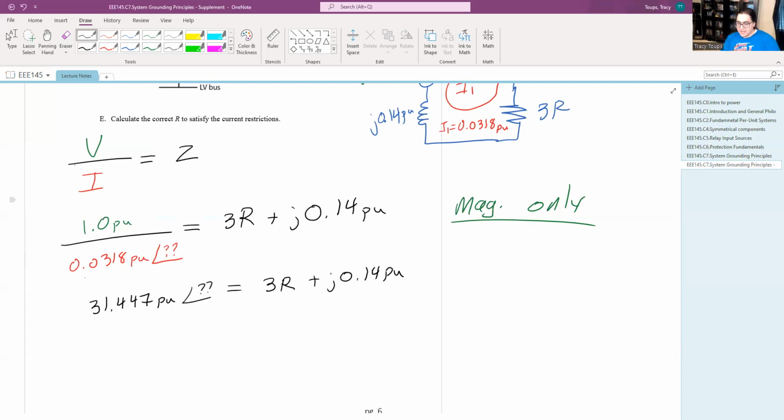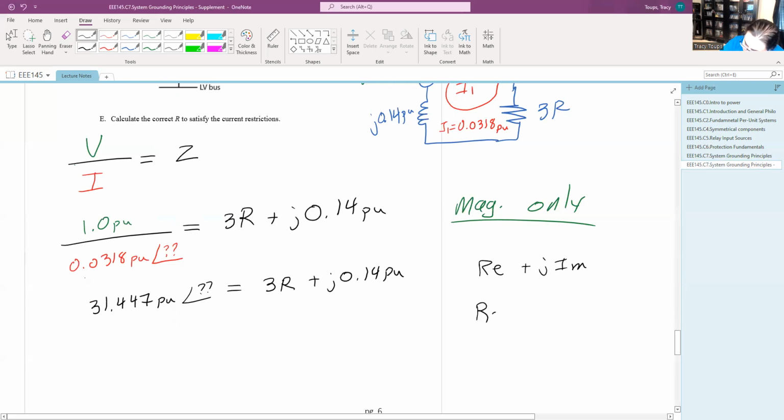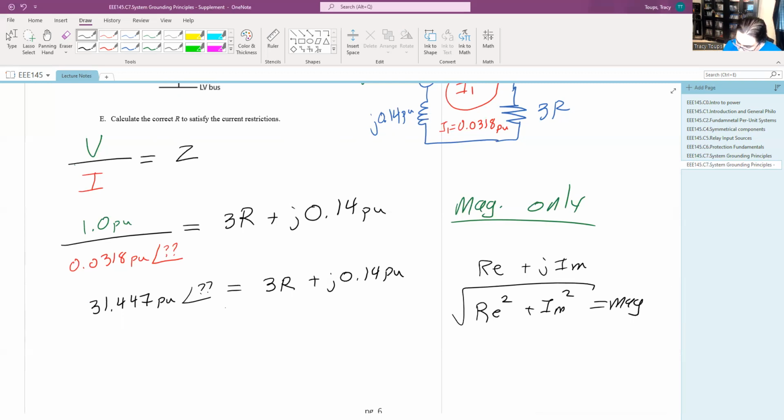If I only care about magnitudes, why don't I just take the real squared plus the imaginary squared, and square root it? Isn't that just a magnitude only? Let's just do that. Okay, that makes sense. Let me try to go down a little bit.